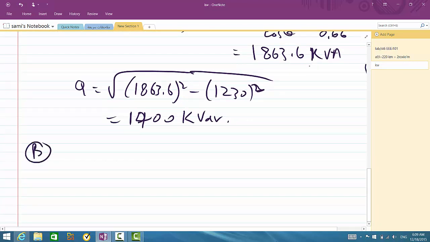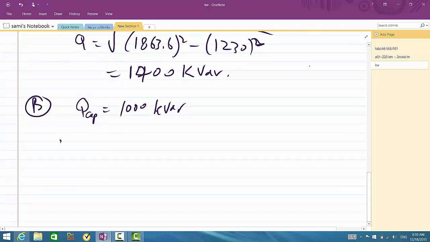For B, it says if a three-phase capacitor bank, so this is the Q cap, of 1000 kilovar is connected at the service entrance of the industrial plant.